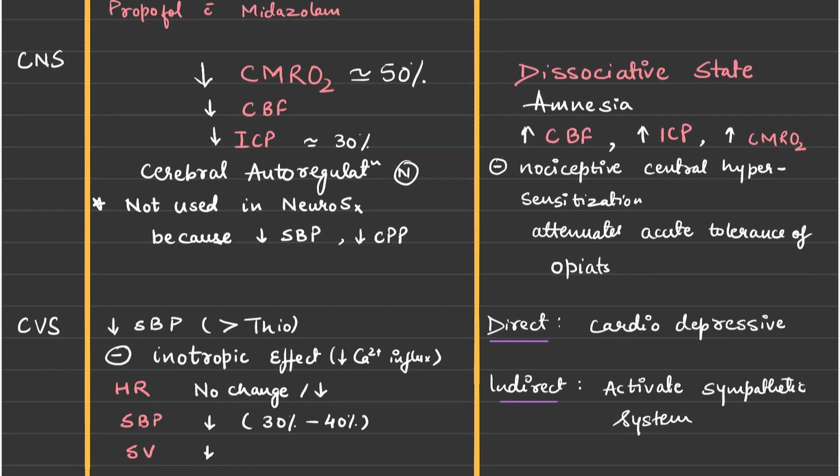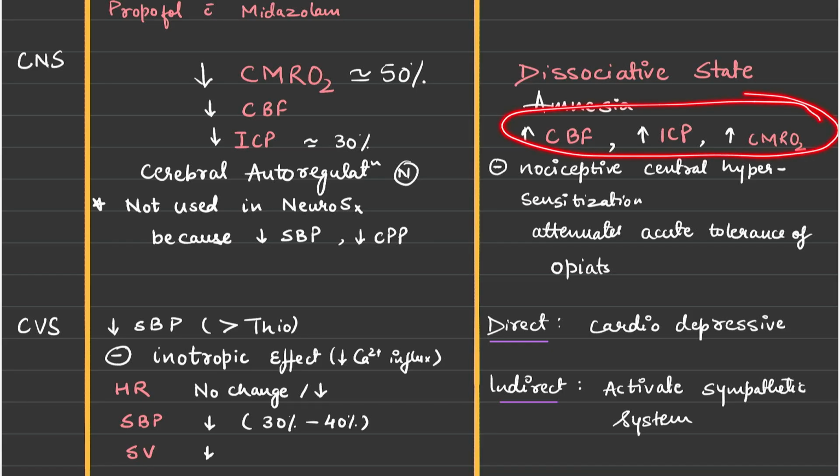The effects of ketamine on various systems: in the CNS, it causes a dissociative state and amnesia. The cerebral blood flow increases, ICP rises, and there is increased CMRO2. That is why it is avoided in neurosurgery patients. Then it inhibits nociceptive central hypersensitization and attenuates acute tolerance of opiates.